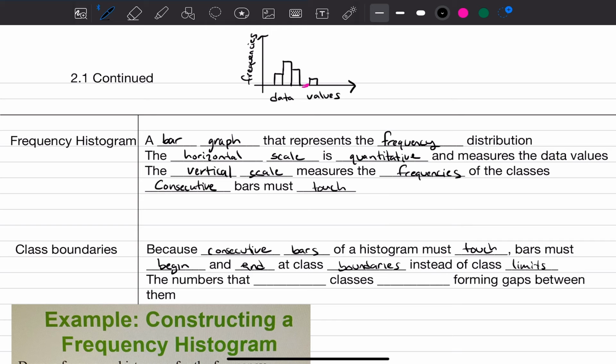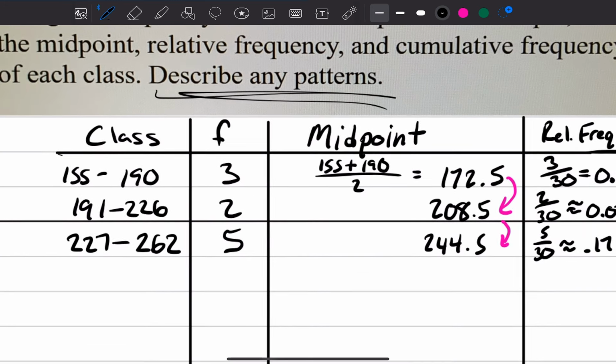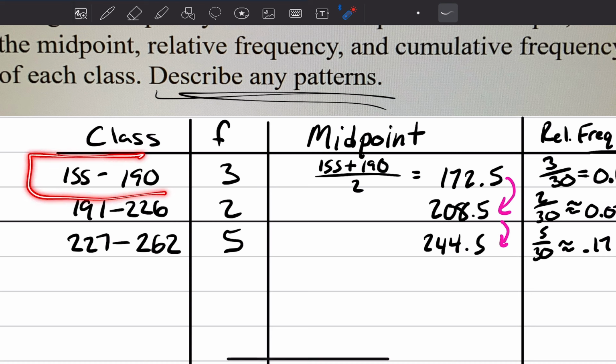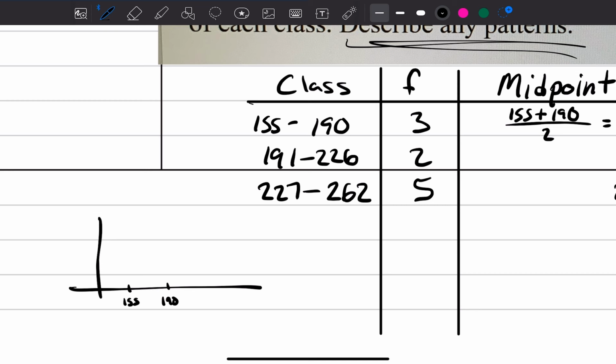Now if you remember in our table, for example, this one, these classes were built so they do not overlap. However, if I make a histogram using class limits, let's say 155 is here, 190 is there, I make my bar, then the next one won't pick up until 191. So there will be a gap.